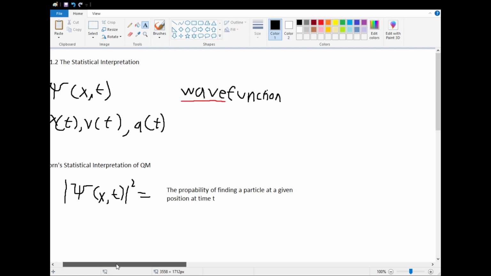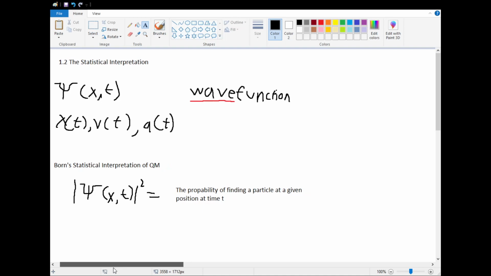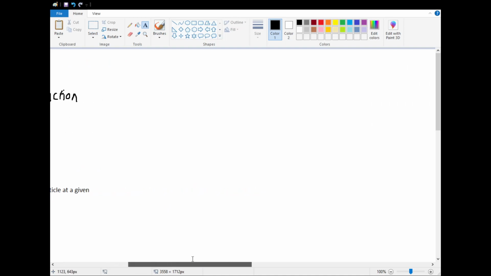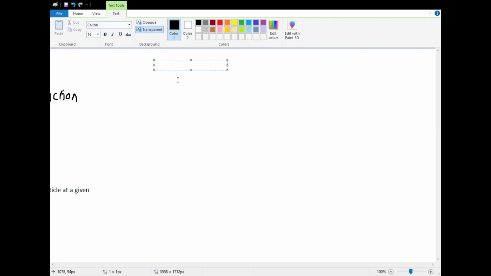So to go into what these implications are, I want to ask a question. Suppose we measure a particle's location, and let's say that it is x of t equals a at time t. Now the question I want to ask is, what was the position right before we measured it?